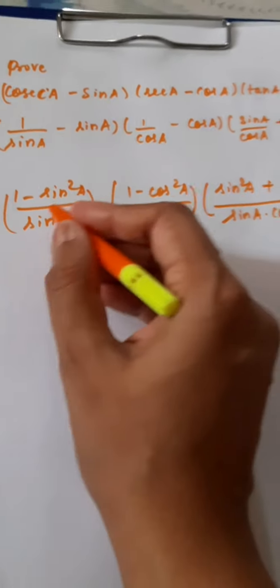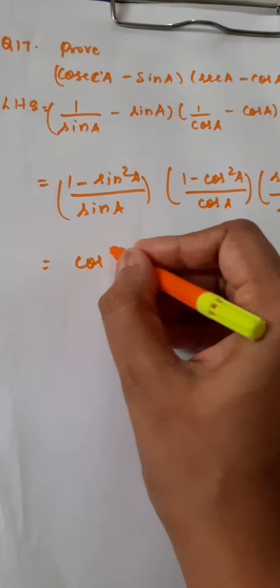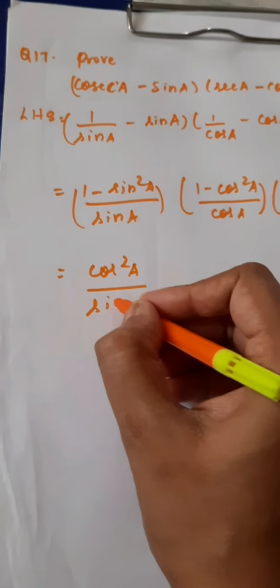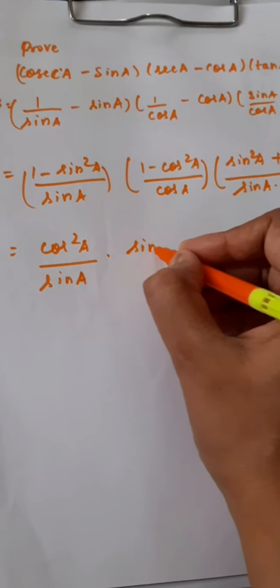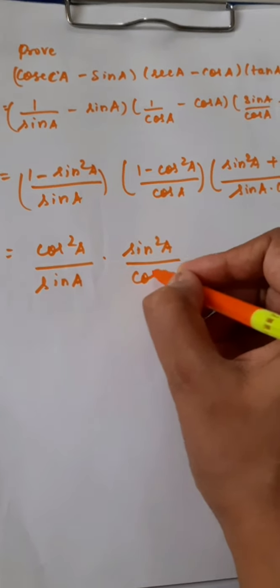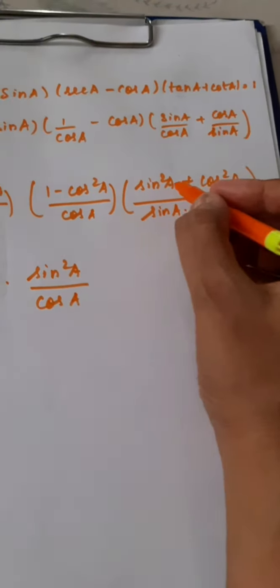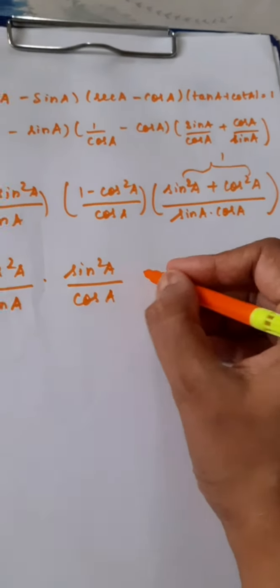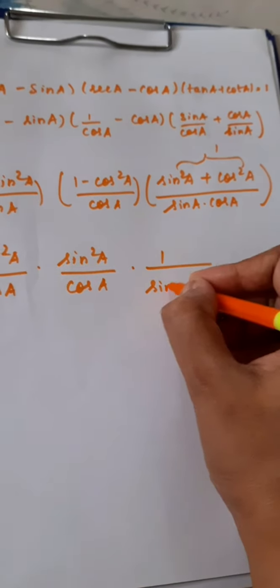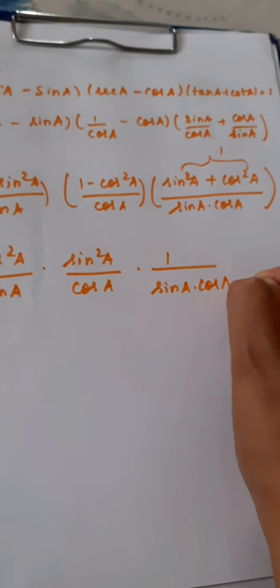Position doesn't matter in multiplication, which is cos square A by sin A into sin square A by cos A. All these identities we have seen in early problems. And sin square A plus cos square A is 1, 1 by sin A cos A.